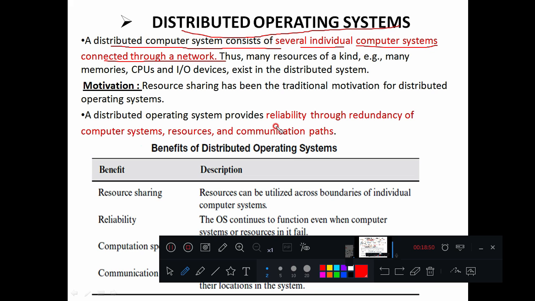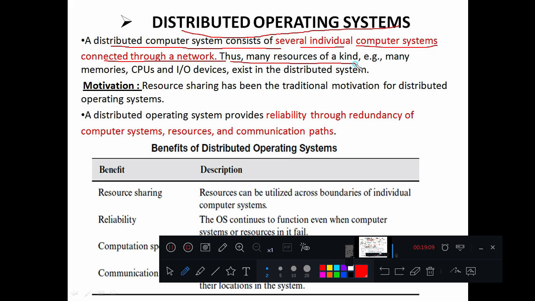Let us say one of the computer systems fails to allocate the resources, then I can request some other computer system to allocate them, right? That is only possible when multiple computer systems are connected through the internet.